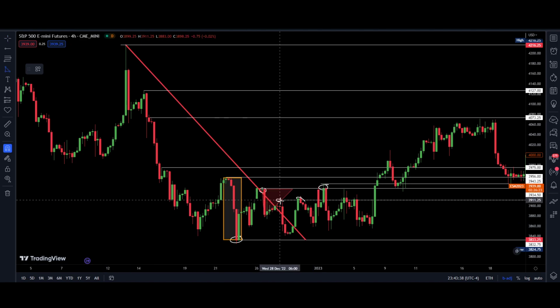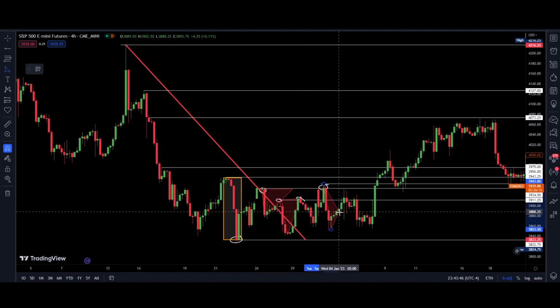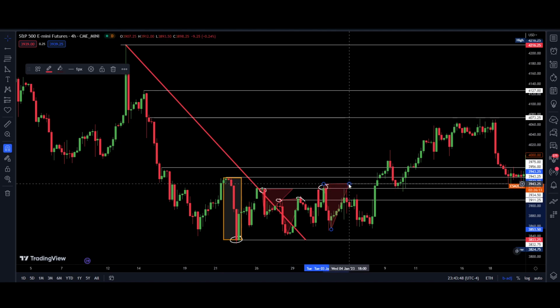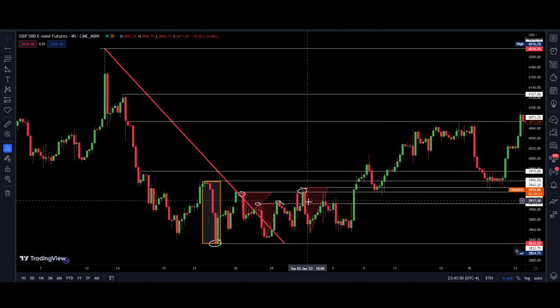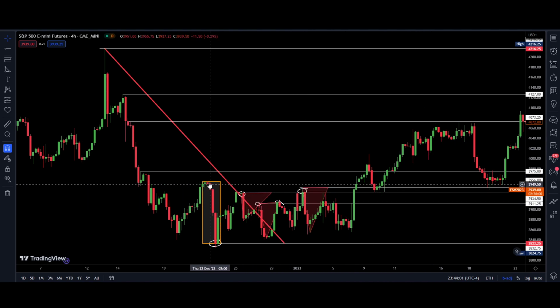Have this triangle vibe. And you start to see these, and that's just a place where sellers really initiated. And it paints this picture that somewhere in here or in here, we're going to find the buyers that we hopefully would need to continue this move up because they won the most recent local battle.